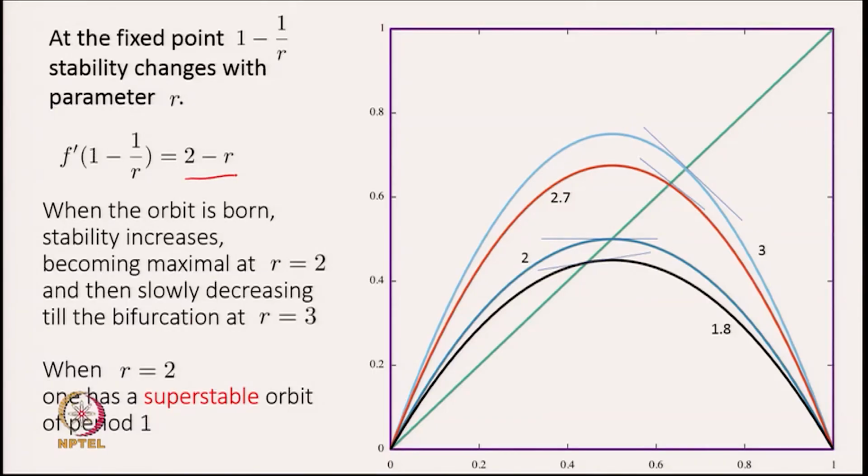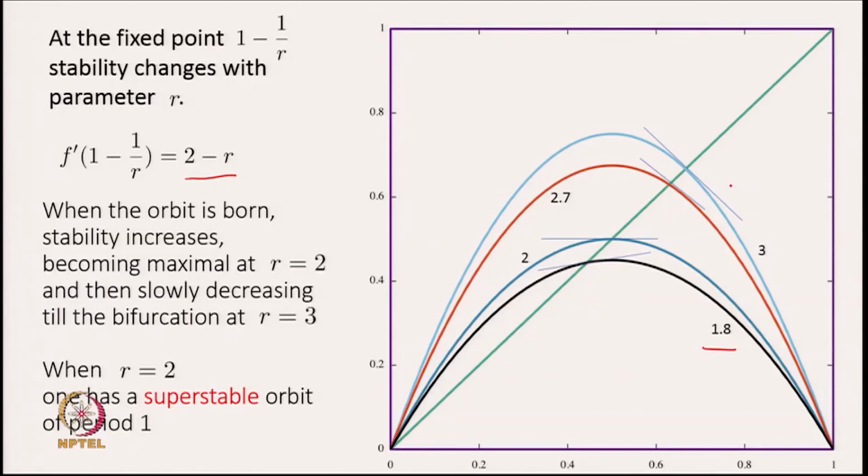So when r is 1.8, it is small and positive. When r is equal to 2, it is equal to 0. When r is 2.7, it is negative 0.7, and when r is equal to 3, it is negative 1.